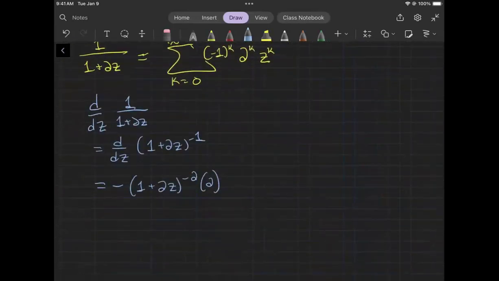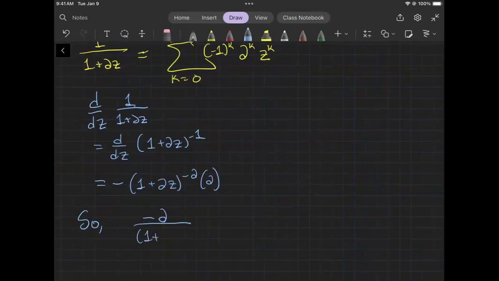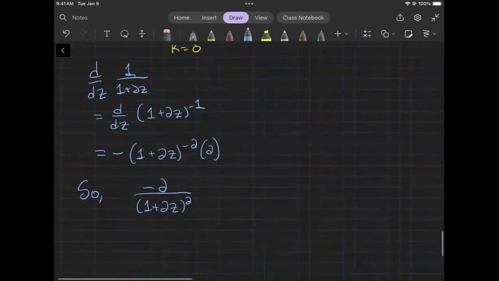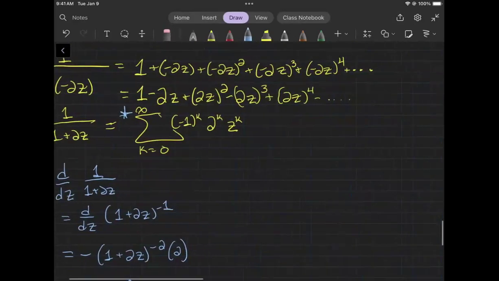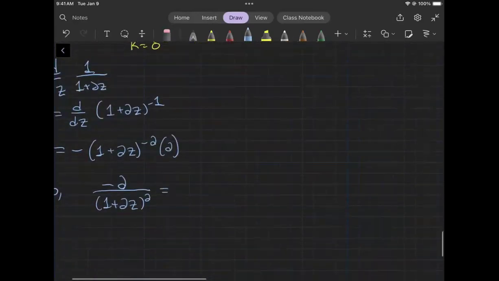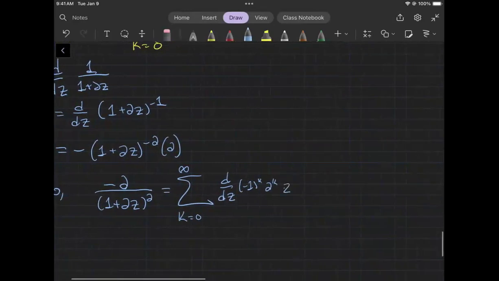So the derivative would be minus 2 over 1 plus 2z squared. And this has to equal the derivative of the terms in the power series we formulated up here. So this would equal the sum from k equals 0 to infinity of the derivative with respect to z of negative 1 to the k times 2 to the k times z to the k, right?